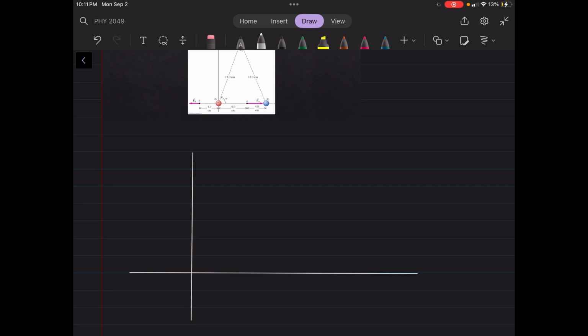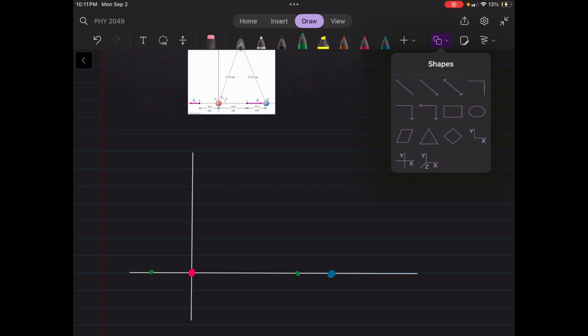So I'll use pink to denote my positive charge, blue to denote my negative charge. Okay, there's the dipole. And then green will be the locations where we need to determine the E field due to each charge individually and the 2 charges together. So I believe point C, let me draw a nice straight line here.